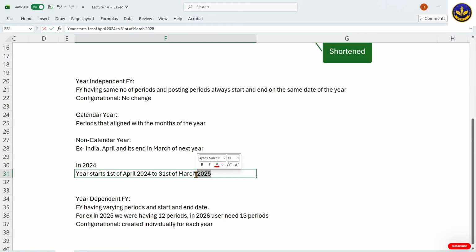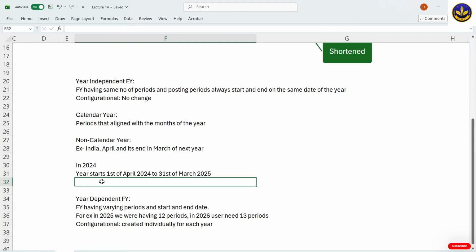In that case, we use the concept of year shift. So what is year shift? In SAP, there is a functionality where we align the periods which fall in the next year to the current one.